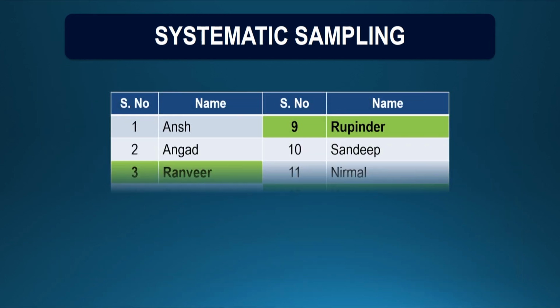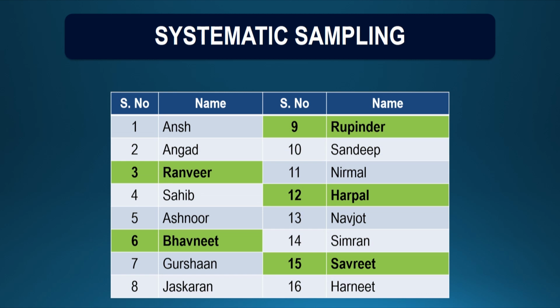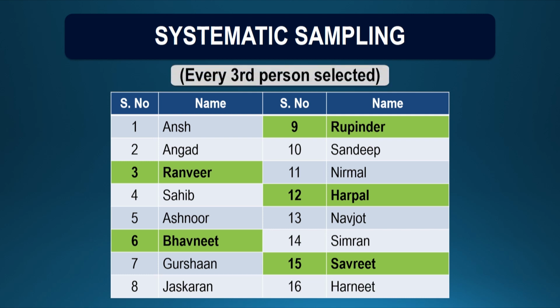If I have a list of my class students and I want to use systematic sampling, and my kth unit is the third unit, then from the list of students I need to select every third individual.